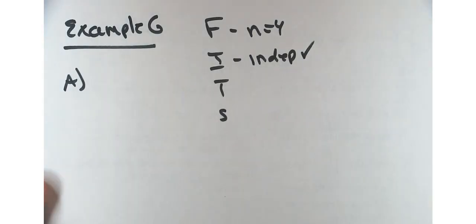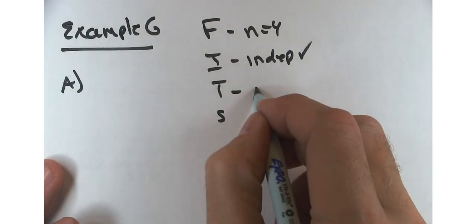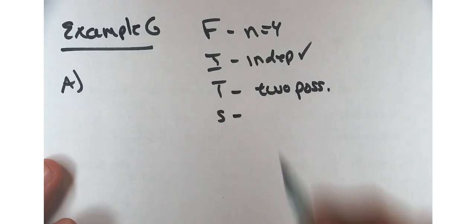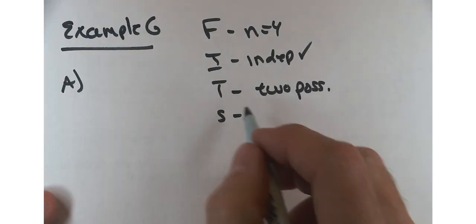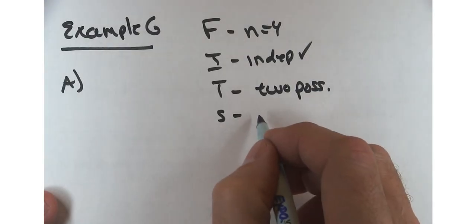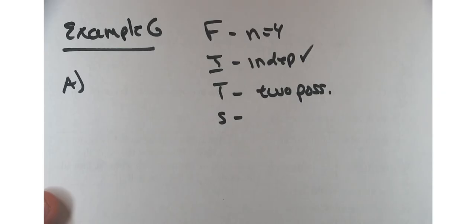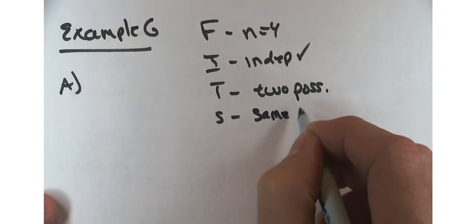Are there 2 possible outcomes? You either believe in it or you don't, right? So there are 2 possibilities, and it's the same probability from one person to the next. Now that's technically not true because you're probably sampling without replacement, but 4 is such a small sample size that this obeys the 5% rule.